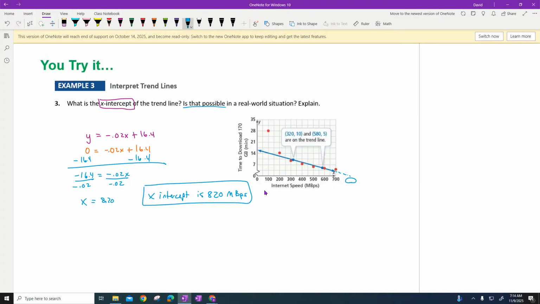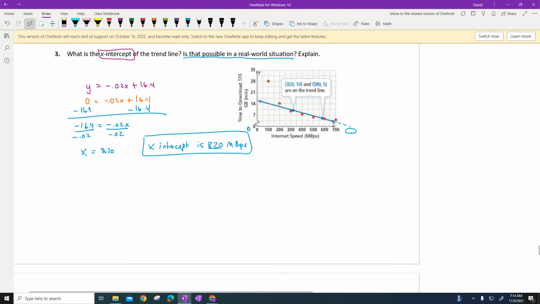Now they said, is that a possible real-world situation? But you have to think about, they just told us to say our minutes is 0 minutes. Is that really possible? In 0 minutes, I can download 820 megabytes? No, it takes a minimum of a decimal of a minute.